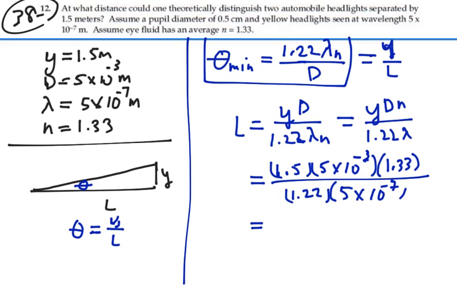We put all that in, 1.5 times 5 times 10 to the minus 3 times 1.33 divided by 1.22 divided by 5 times 10 to the minus 7. I get 16,352 meters.